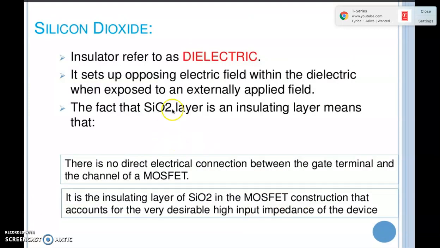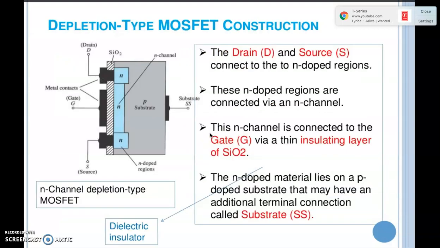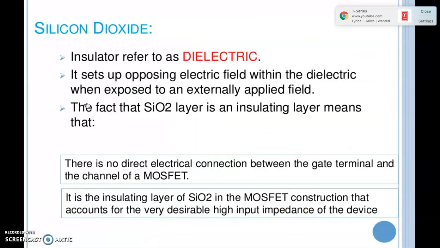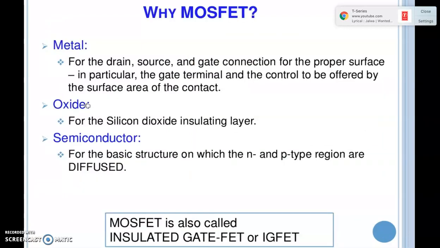Since SiO2 is an insulating layer, the gate is insulated from the semiconductor, so this is also referred to as an insulated gate FET, IGFET. The other name of MOSFET is insulated gate FET or IGFET.